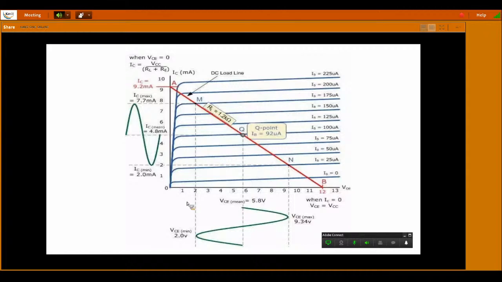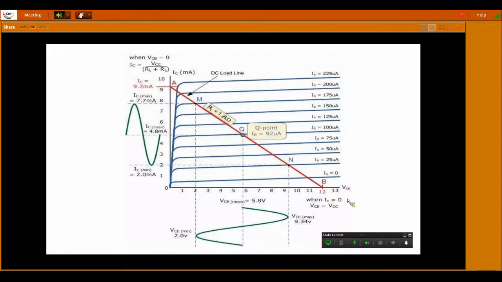Next, these are the output characteristics of a common emitter configuration. In this common emitter configuration, the red marked line on the image denotes the DC load line, and this DC load line indicates the operating point.